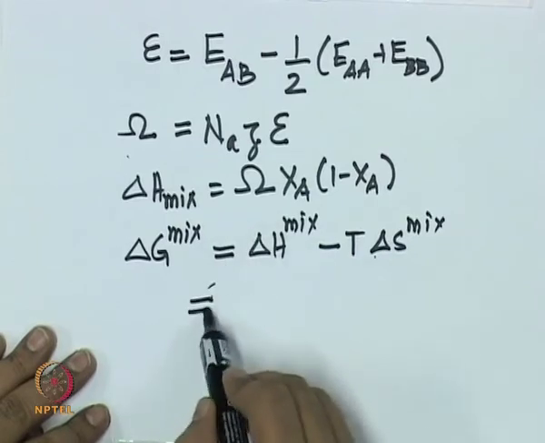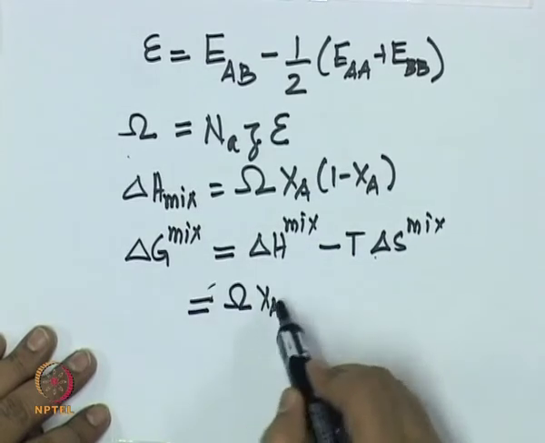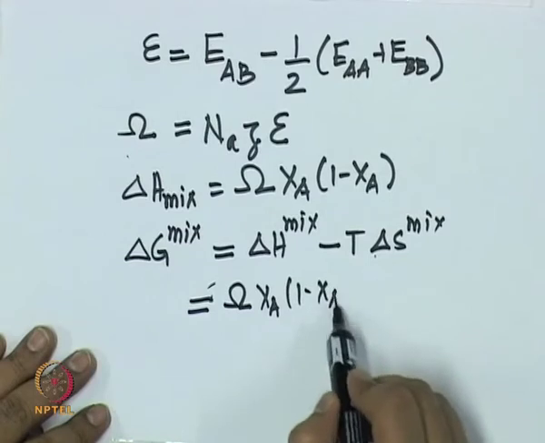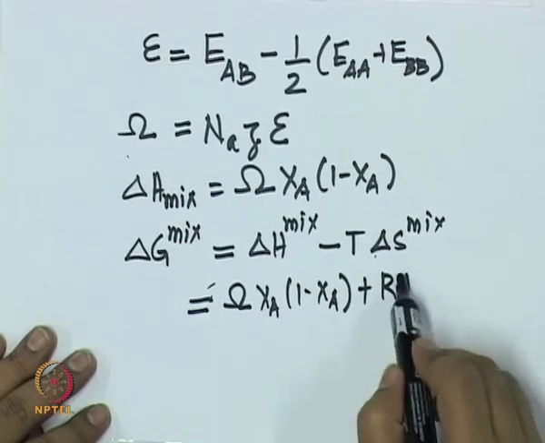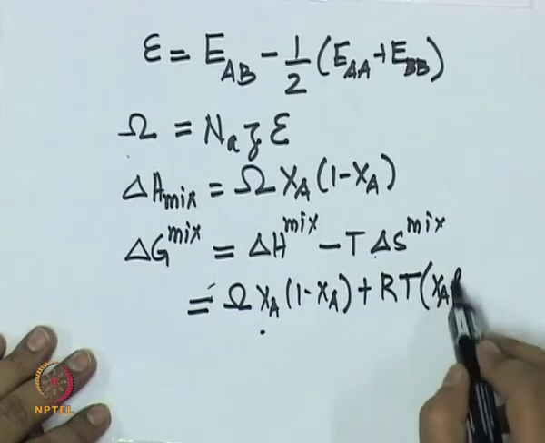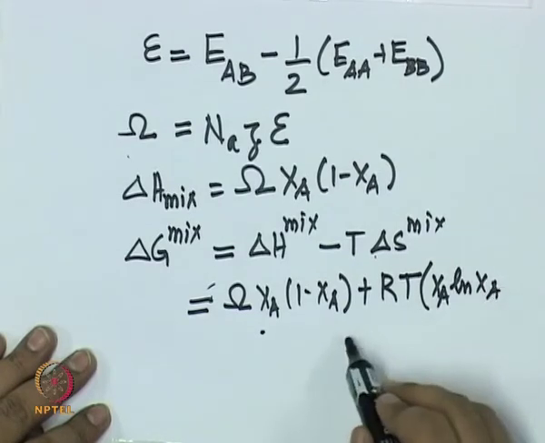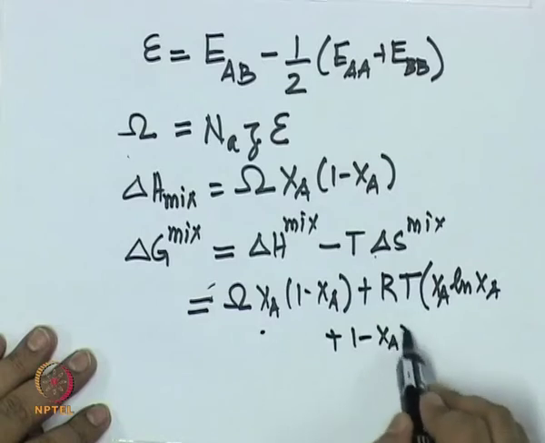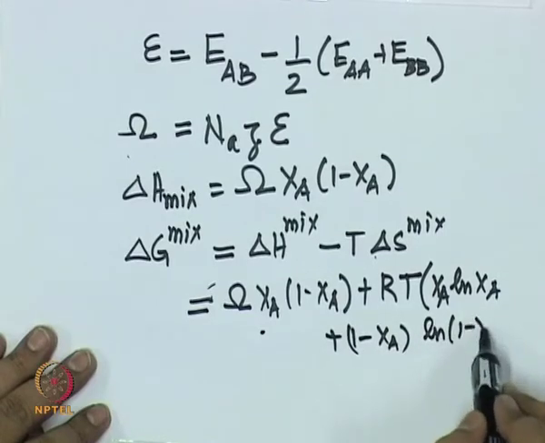So, let us write down the full expression: it is omega XA into 1 minus XA plus RT times (XA ln XA plus 1 minus XA ln 1 minus XA).